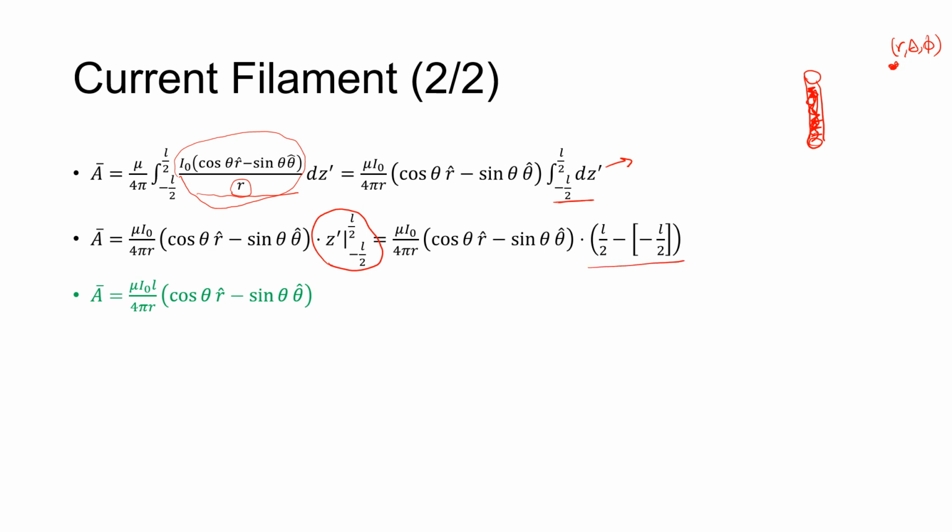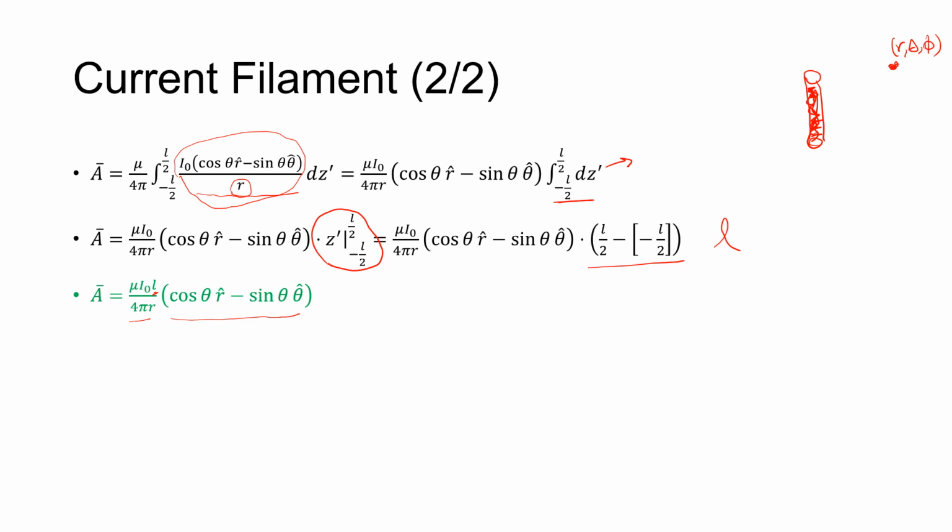Substituting, this will reduce simply to L. Finally, we can conclude that our A is simply mu I naught multiplied by L over 4 pi r, in the direction of k, or whatever its equivalent is in spherical coordinates.